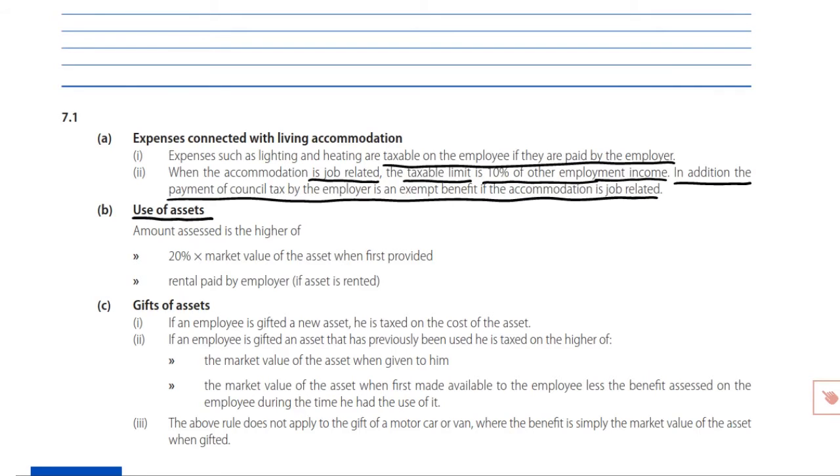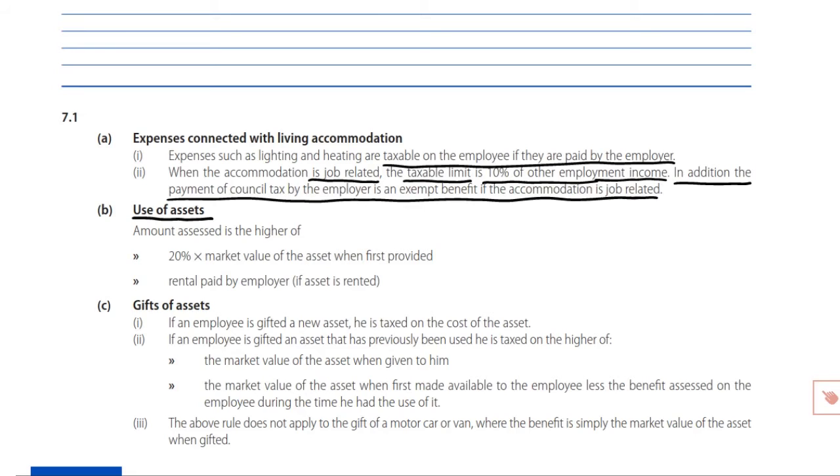So if it's job related, then you're required to live there, like a caretaker for a school, required to live in a property on site to deal with any emergencies that might arise at any point of the day or night.